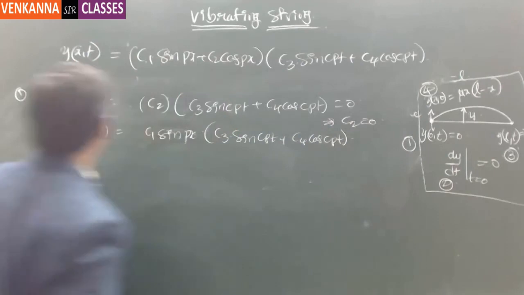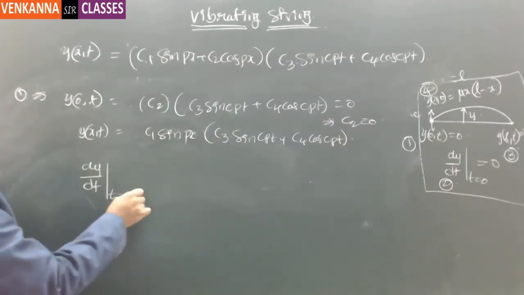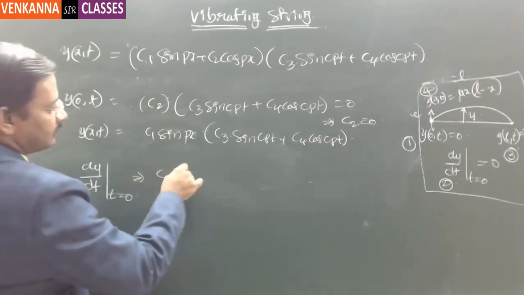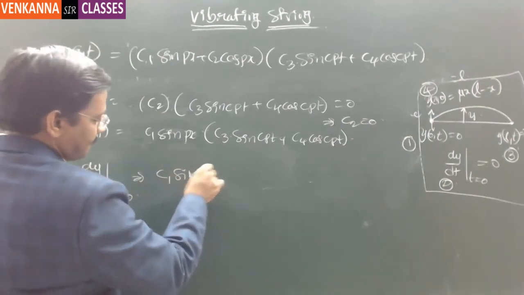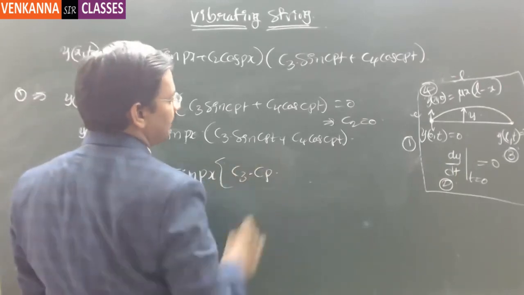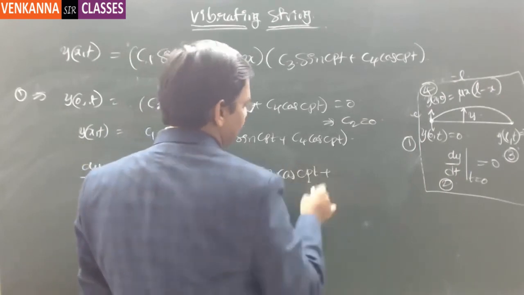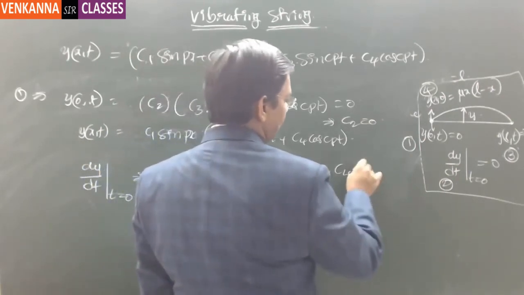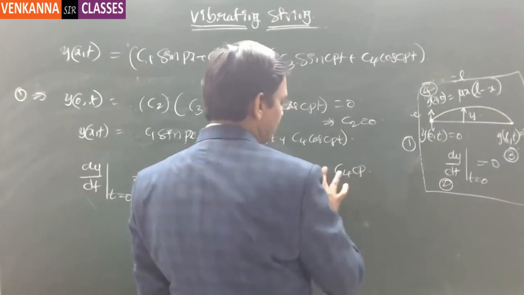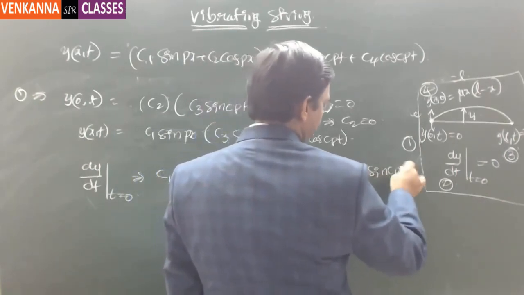Now we take the derivative with respect to t. So that is dy by dt at t equal to 0, which is going to be C1 sin Px into C3 into Cp into derivative of sin, which is cos Cpt, plus C4 Cp into derivative of cos, which is minus sin Cpt.